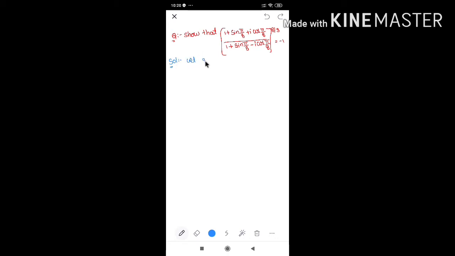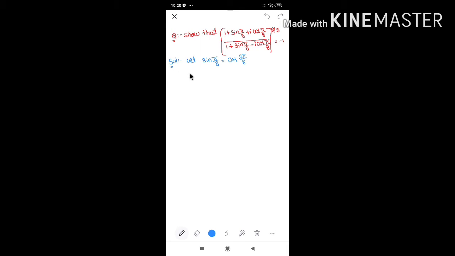Let sin pi by 8. This one we need to write in terms of cos angle. So here in general we have 1 plus cos theta and sin theta value, but here 1 plus sin is there. This one we need to write in terms of cos. So we write sin pi by 8 is equal to cos 3 pi by 8.